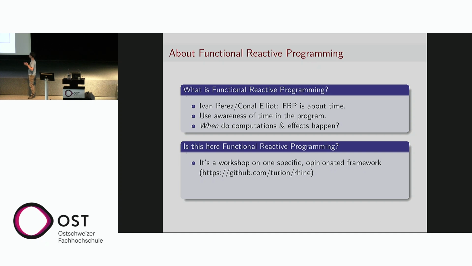I would say it's one specific opinionated framework on how you can do things, but it's different from the original FRP ideas, but it still borrows ideas. So there are lots of different frameworks, different libraries. Some of them are very similar, like Rhine is very similar to Dunai, it's very similar to Yampa.